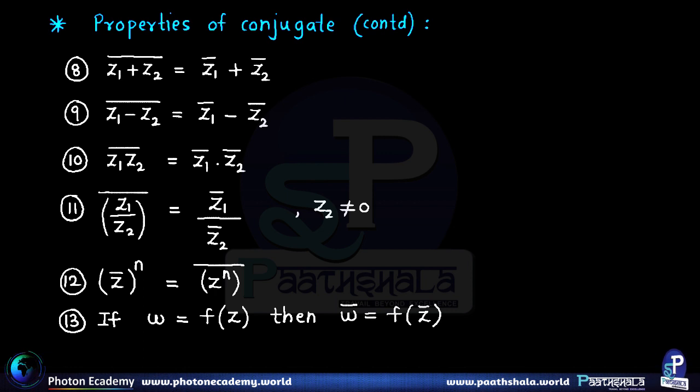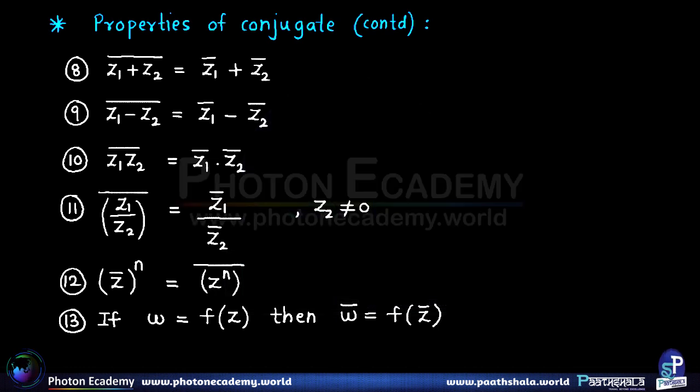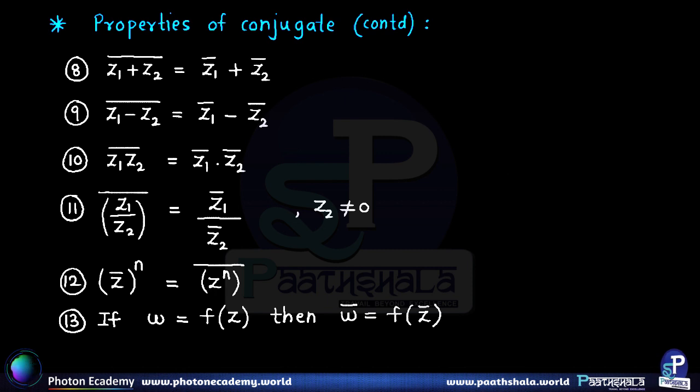And lastly, the 13th property says that if w is some function of a complex number, say z, then the conjugate of w will be equal to the function of the conjugate of z. So if we replace z with z bar in the function, then the value of that function will also get replaced with its conjugate, that is w bar.